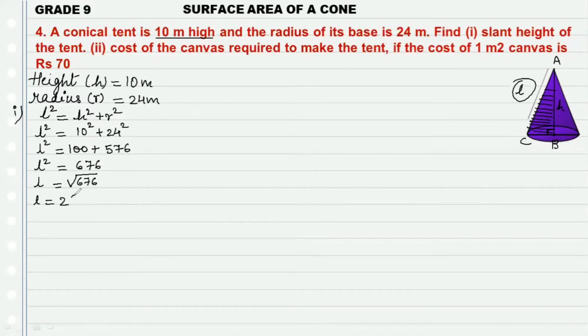It will be 26, right? So we get our slant height as 26 meters. Clear? Now the second part says that we have to find the cost of canvas required to make the tent.